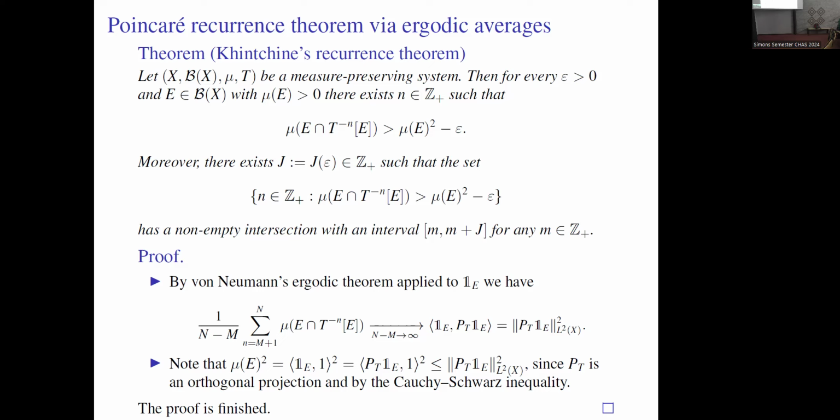Here we express this as this plus the orthogonal complement, which is this minus this, and one is orthogonal to the orthogonal complement of this. Then therefore we have this identity here, and now we use Cauchy-Schwarz and the fact that this is a probability measure space, and we obtain this.